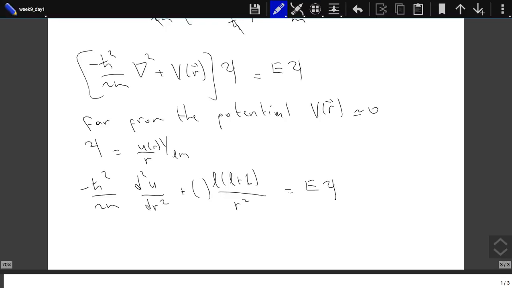But remember, we are looking for a solution that is very far away from the potential. So r is large. If r is large, this is negligible.